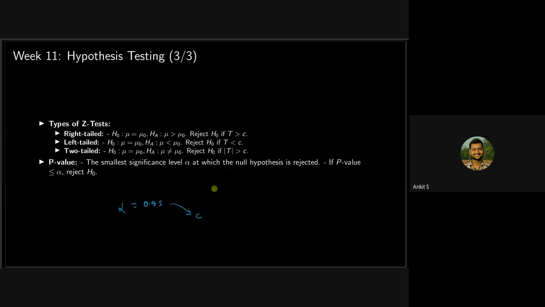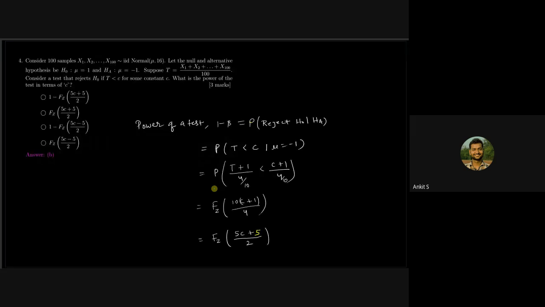So in week 11 there was just the basics of hypothesis testing and just the Z test. These are the two things of week 11. Here we have been given 100 samples, all of them normal with mean mu, which is unknown, and variance 16. We have been given a null and an alternative hypothesis.